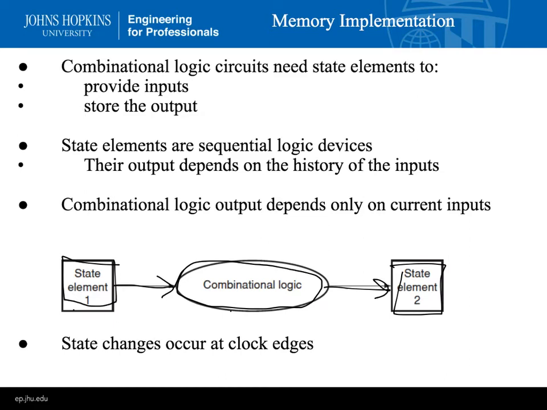At the end of the clock cycle, it has a new state. Combinational logic depends only on the current inputs, not on the history. But memory is going to have a memory of history. So it's going to depend on the history of the inputs. And so it's going to save history. So we're going to learn a little bit about sequential logic.